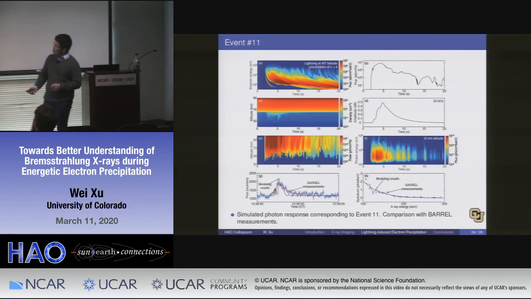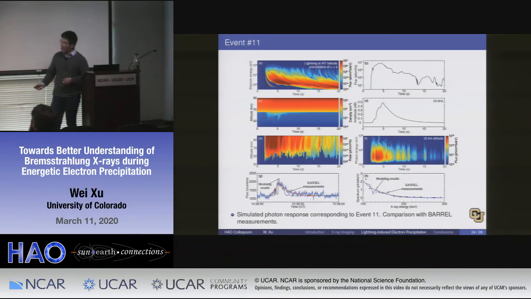We then simulate the production and transport of Bremsstrahlung X-rays. This figure shows the production, and this figure shows the energy spectra that would be measured at 35 kilometer altitude. The comparison with BARREL measurements is shown in the bottom two panels. The bottom left panel shows the comparison of the X-ray pulse.